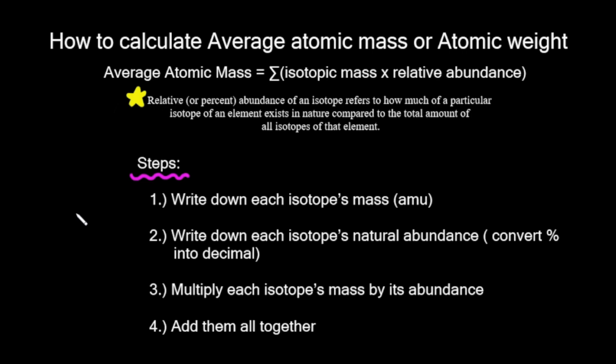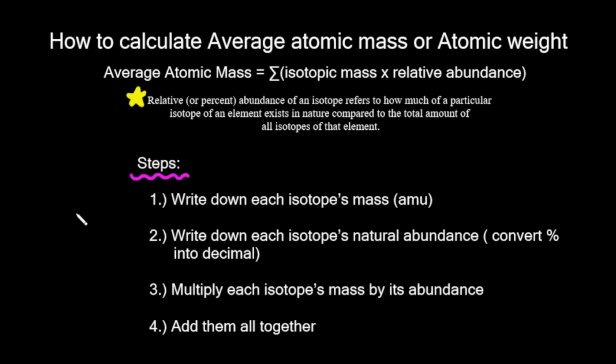Here are the steps you can use to calculate the average atomic mass. Step one: write down each isotope's mass in AMU, or atomic mass units. Step two: write down each isotope's natural abundance.